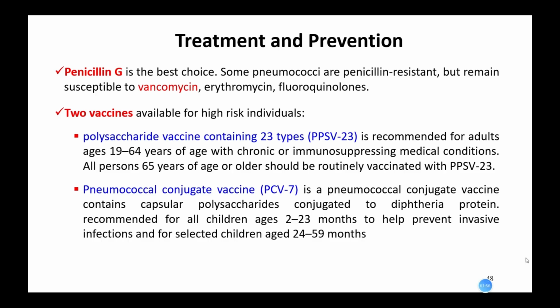Okay. In Western countries, like in America, the kids would receive this conjugate vaccine. So it's more effective. While in China, we do have both types. And I would like to recommend the older people to receive this polysaccharide vaccine. You have to pay by yourself, but it's useful to prevent any possible infection.